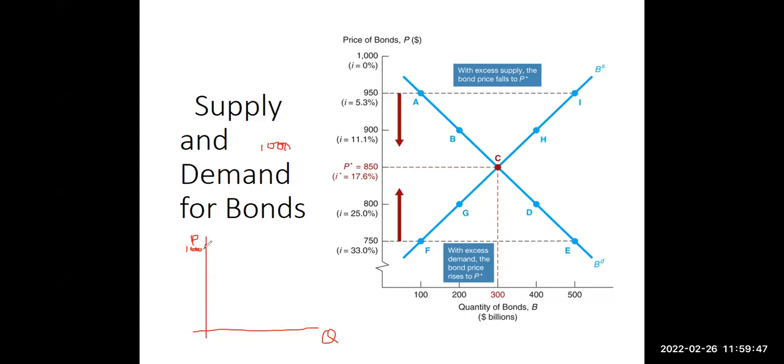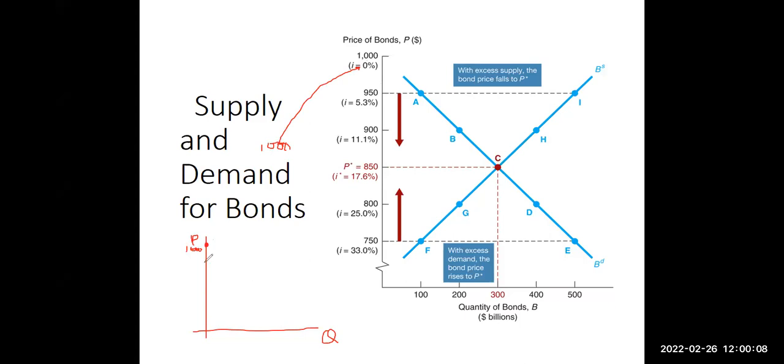This is the intercept here. If the price is $1,000 for a $1,000 bond, what will be the interest rate on that bond? 0%.